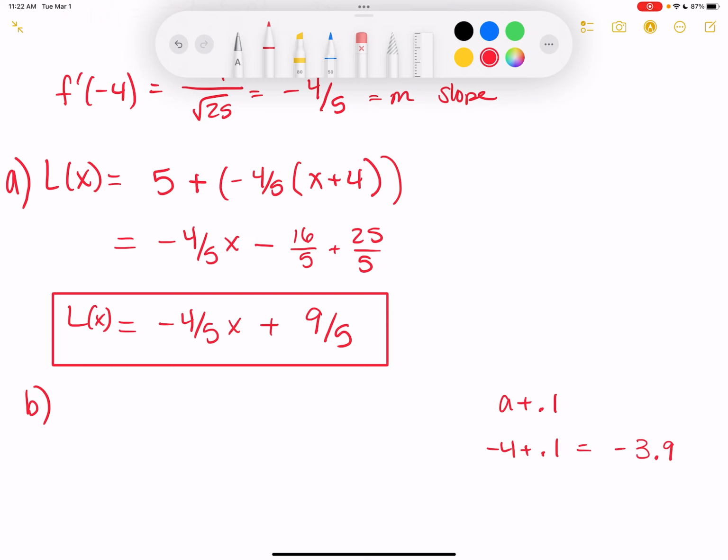So this is the new value that we're using, plugging in. This is going to be my x value going in. So I'm going to check it. L of x is equal to negative 4/5 times negative 3.9 plus 9/5. You'll need to put that in your calculator to see what that's equal to.